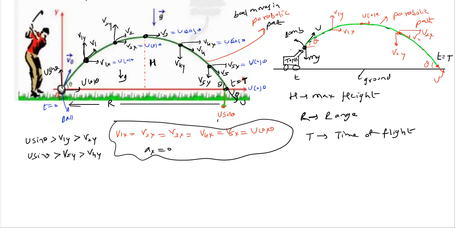At t equals 0, we have projected. So how to calculate this particular time of flight? When this ball moves from where it was projected at t equals 0 on the ground, and where it will strike again on the ground only, what is the displacement perpendicular to the ground?